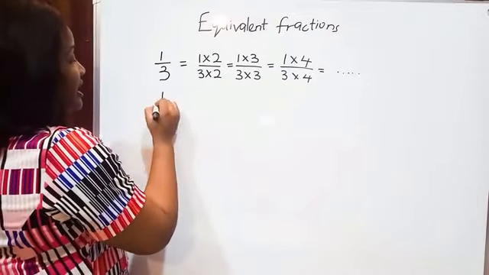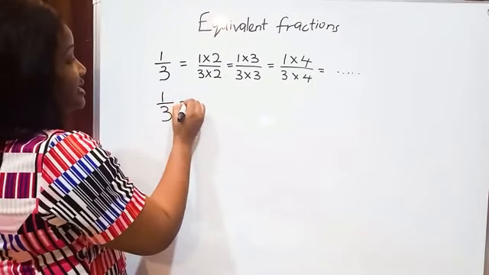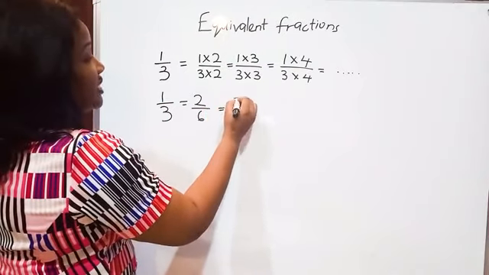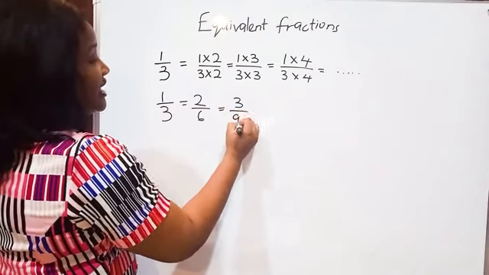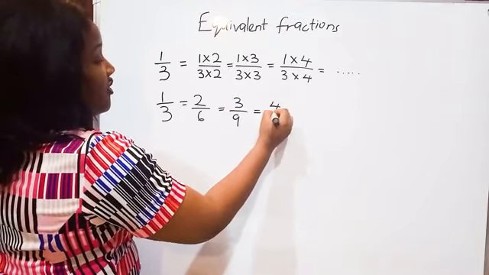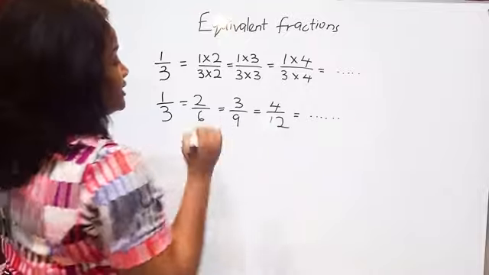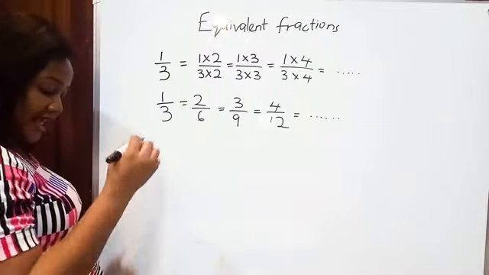So it's safe to say that 1 over 3 is equal to 2 over 6 equal to 3 over 9 equals 4 over 12, and it goes on and on.